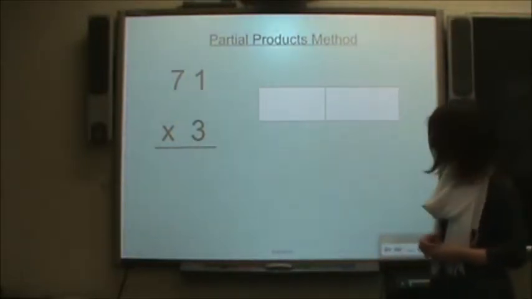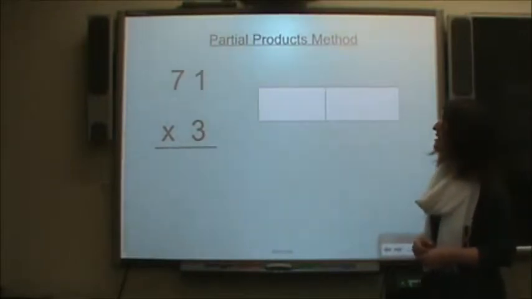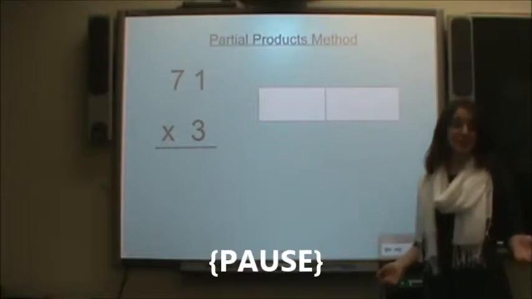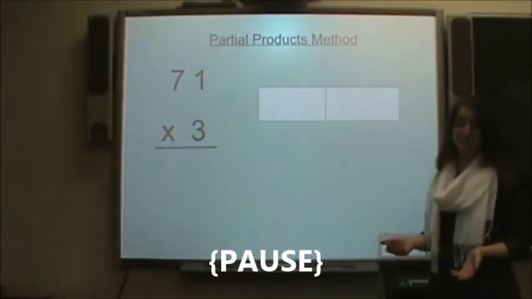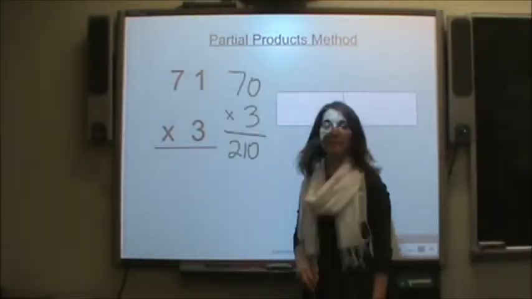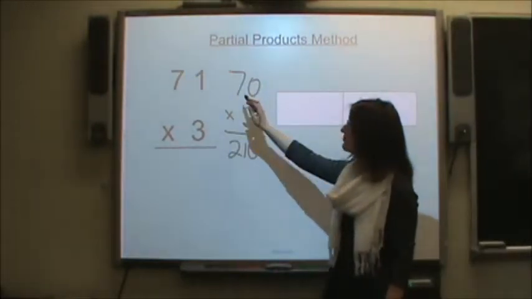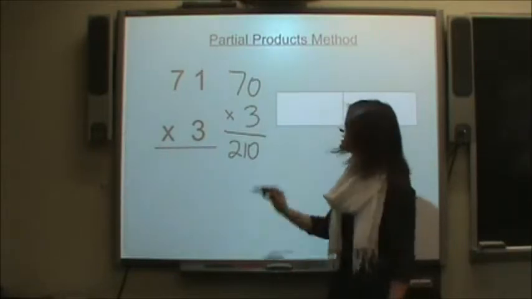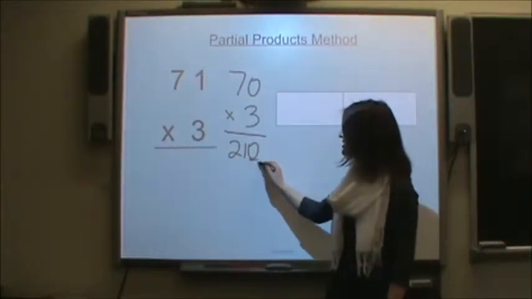First, we're going to do our ballpark estimate. So pause your video and find two numbers that are close to 71 and 3 that are easier to multiply, and then multiply them. Pause your video and do that now. My ballpark estimate: I changed 71 to 70, and I kept the 3 the same because that's pretty easy to multiply. 7 times 3 is 21, and I just had to add a 0.